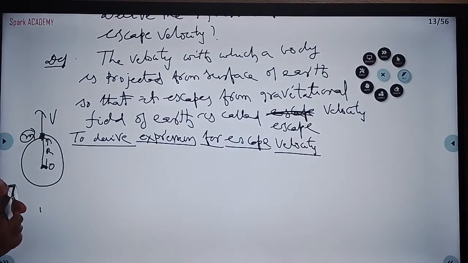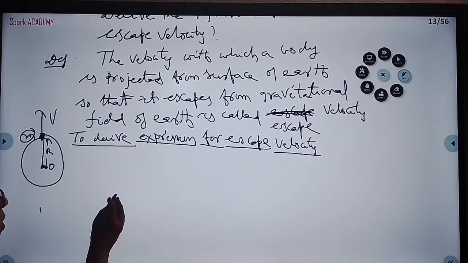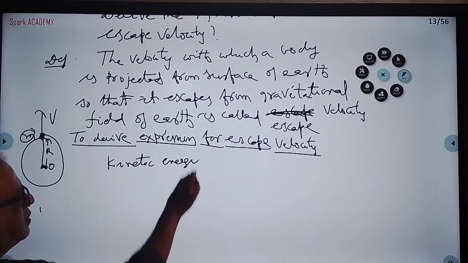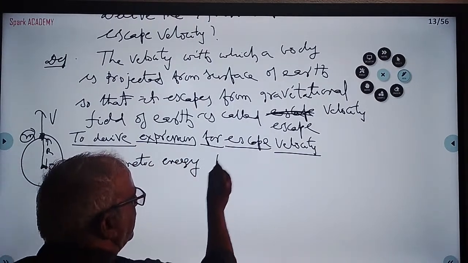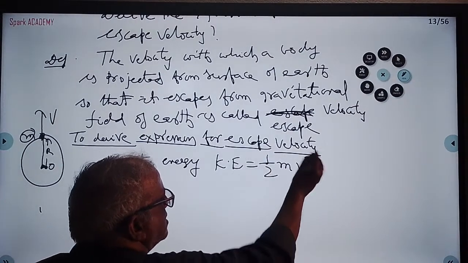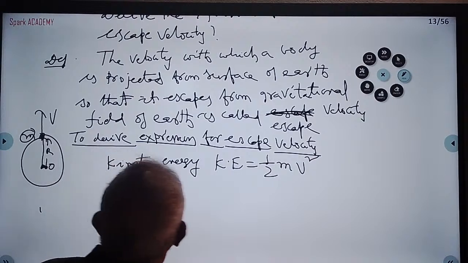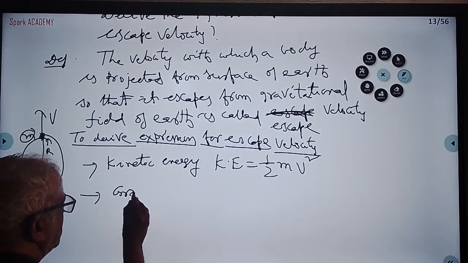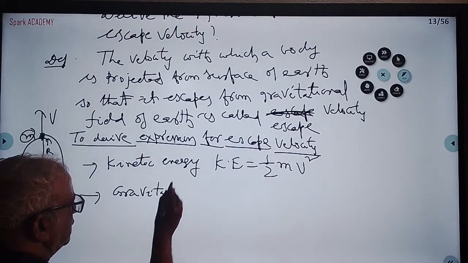So what is the energy given? Kinetic energy of the body. Remember, this derivation can be done by kinetic energy, not by forces. Kinetic energy KE is nothing but half mv square. Now I am writing binding energy or gravitational potential energy.